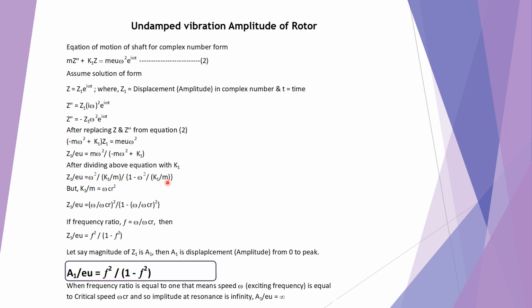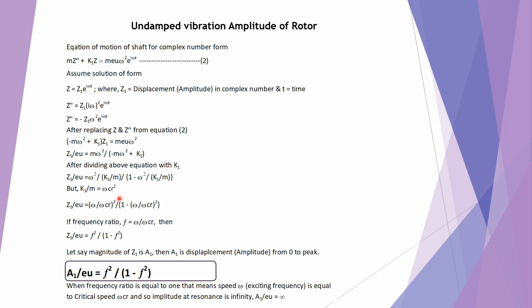After dividing the above expression with k1, we can write z1 upon eu is equal to ω² upon (k1/m) upon (1 − ω²/(k1/m)).